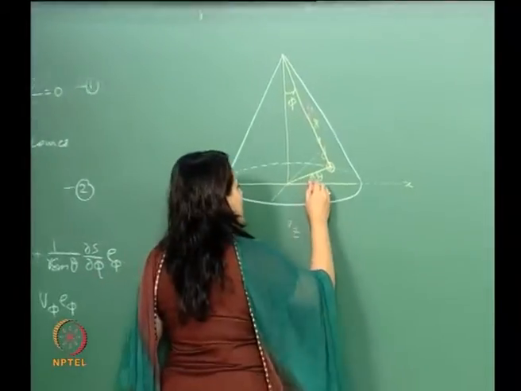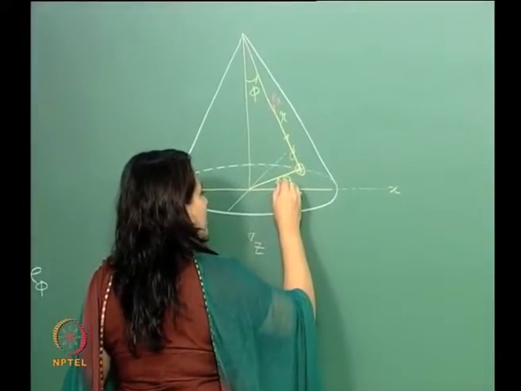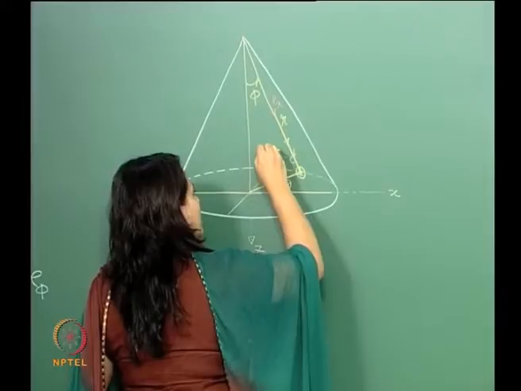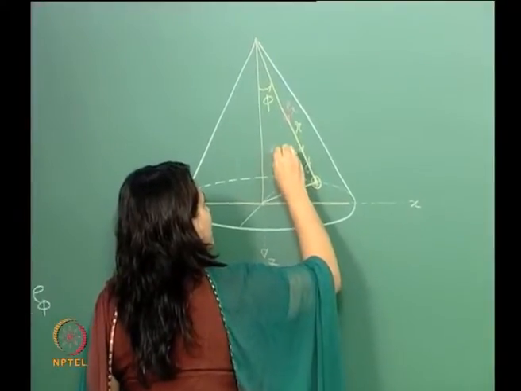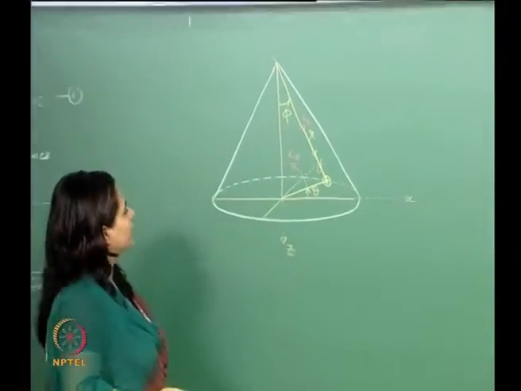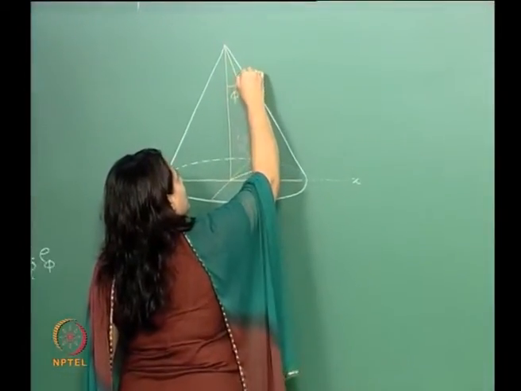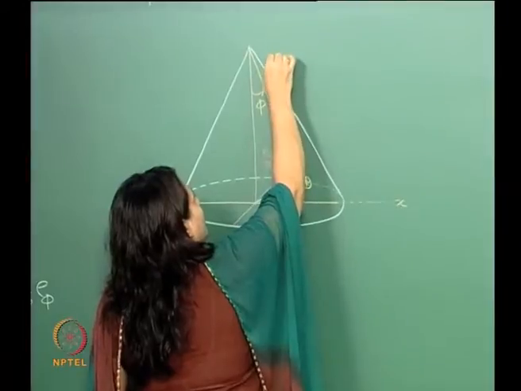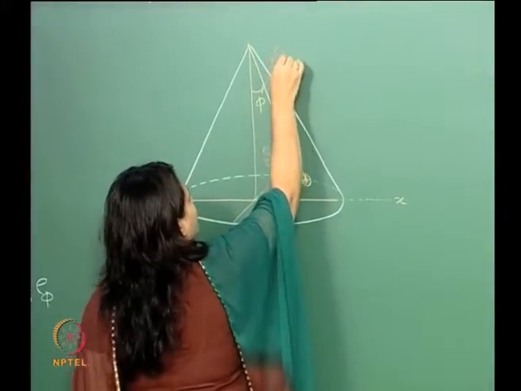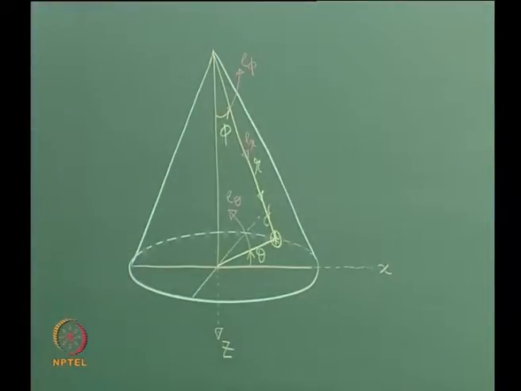Then along this direction we take a unit vector and call that E theta, and in this direction we take a unit vector and call that E phi. Make sure this makes sense. If you look at those 3D diagrams, it will register in your mind.